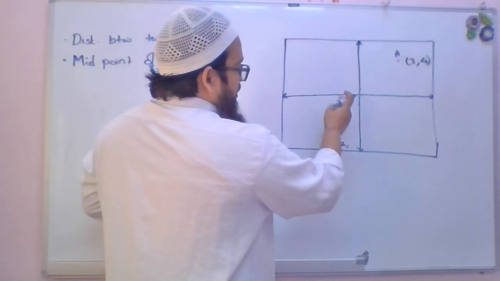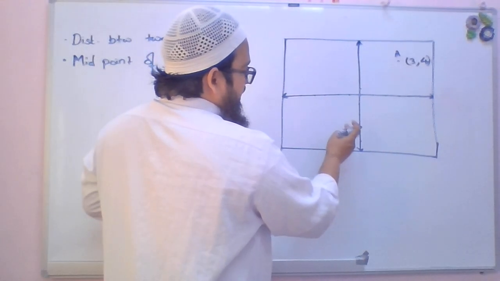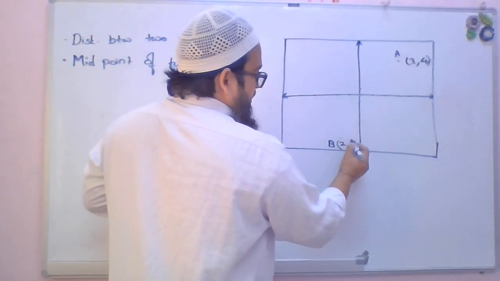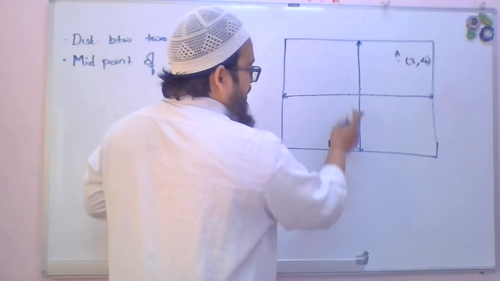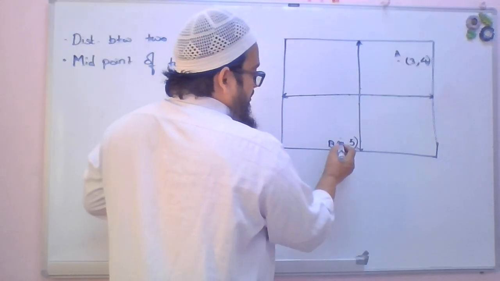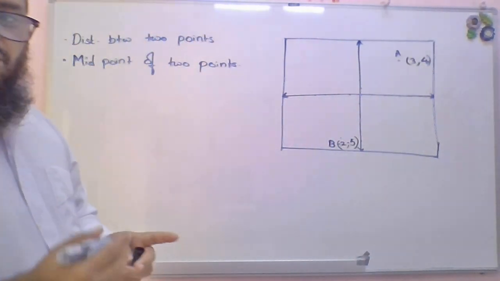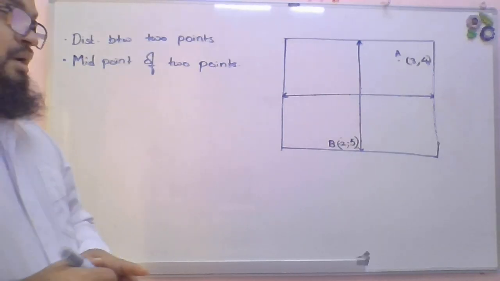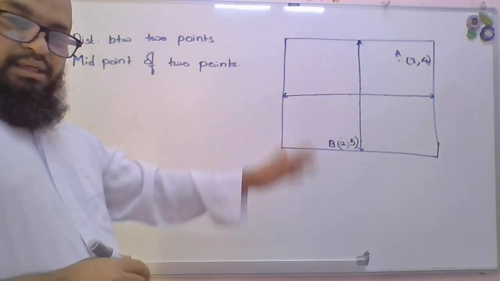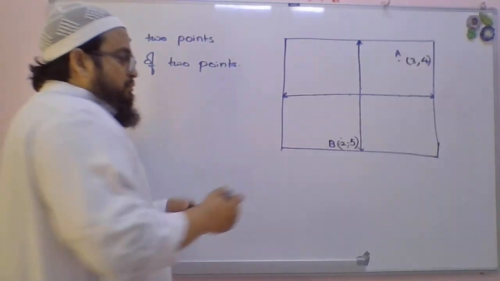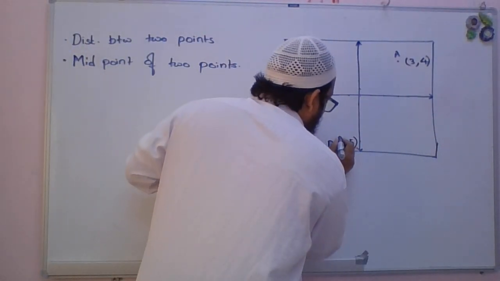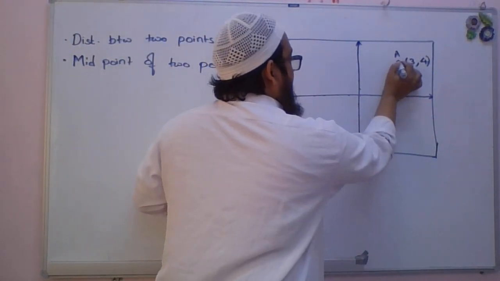So from here 1, 2, 3, 4, 5. So it is minus 2 comma minus 5, sorry, because it is in the third quadrant.